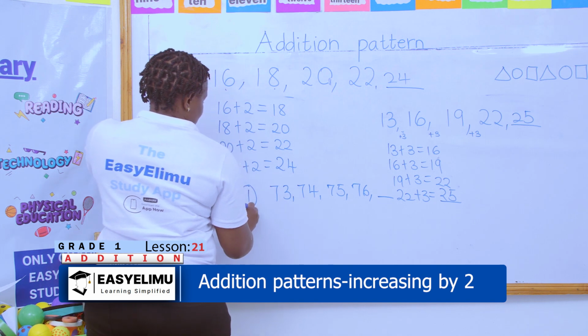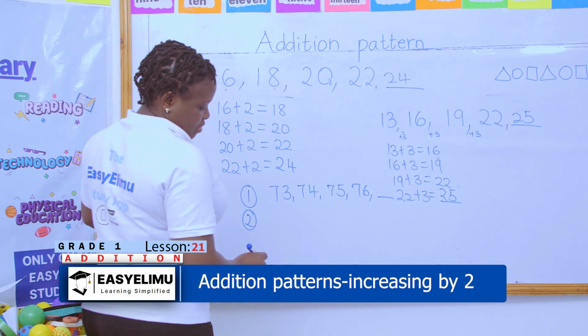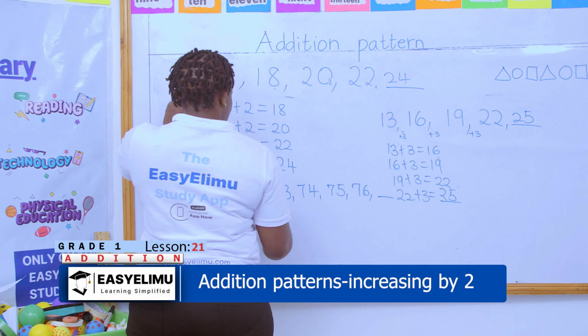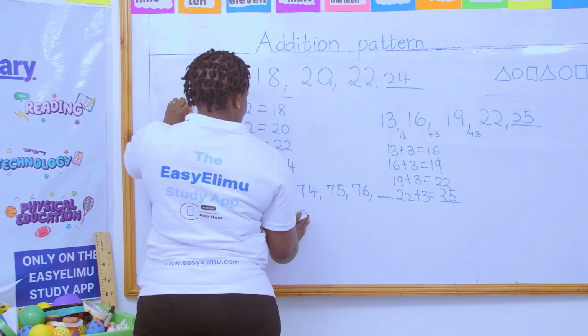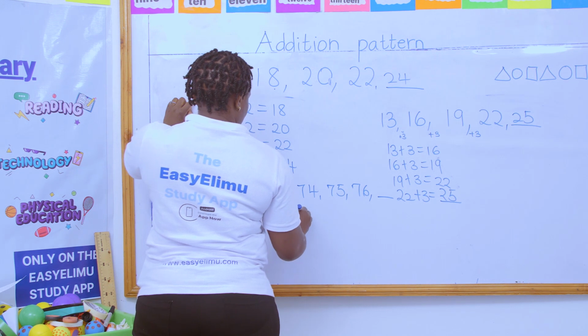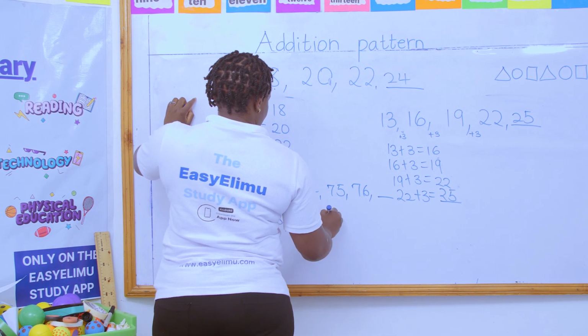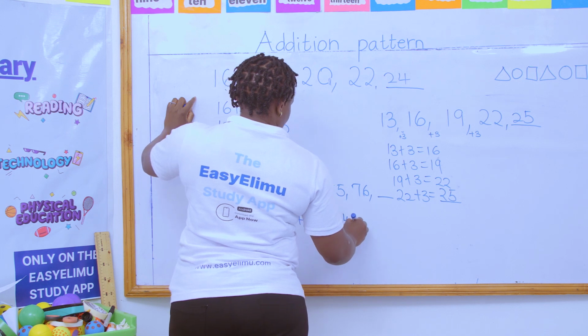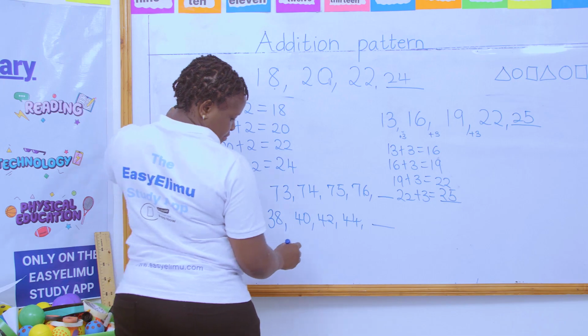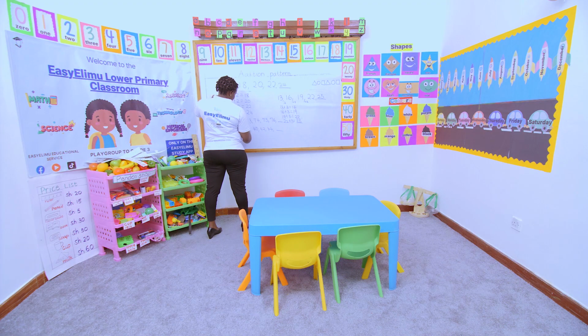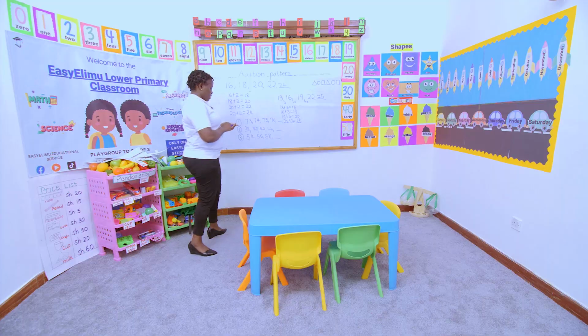The second number says 38, 39, 40, then 42, 44. Then the third question talks about 54, 56, 58. Fill in the missing numbers.